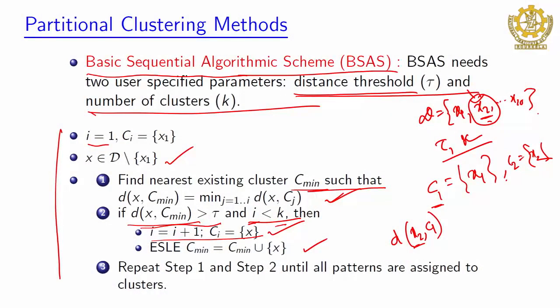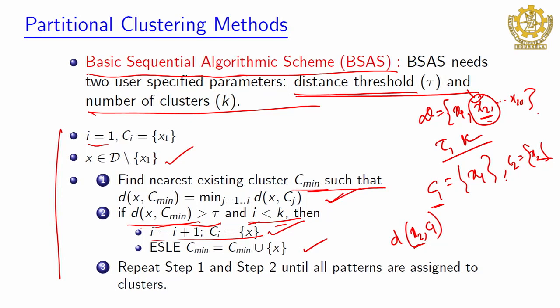If the distance is greater than tau, it may be a new cluster, and obviously you have to check whether the number of clusters has already reached the limit or not. If not, then you form a new cluster, otherwise you assign the point to the closest cluster itself. So, that is something called the BSAS scheme, basic sequential algorithmic scheme.